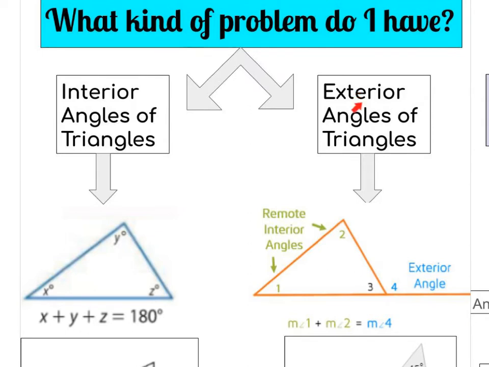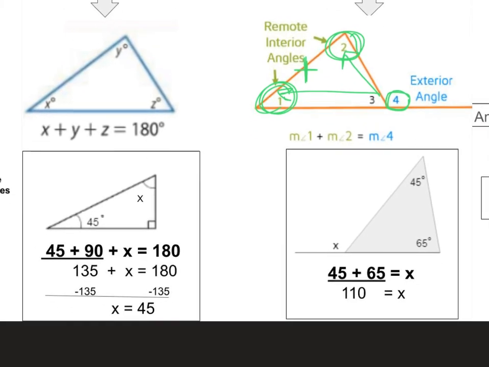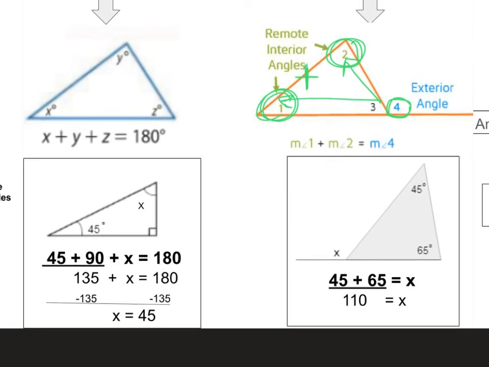If I'm dealing with exterior angles, here's my exterior angle, I need to add the two angles that are opposite. I'm going to add these two together, and it will equal angle 4. So pay attention to what kind of problem you have. Is it an interior angle problem or an exterior angle problem? I worked out one of each.